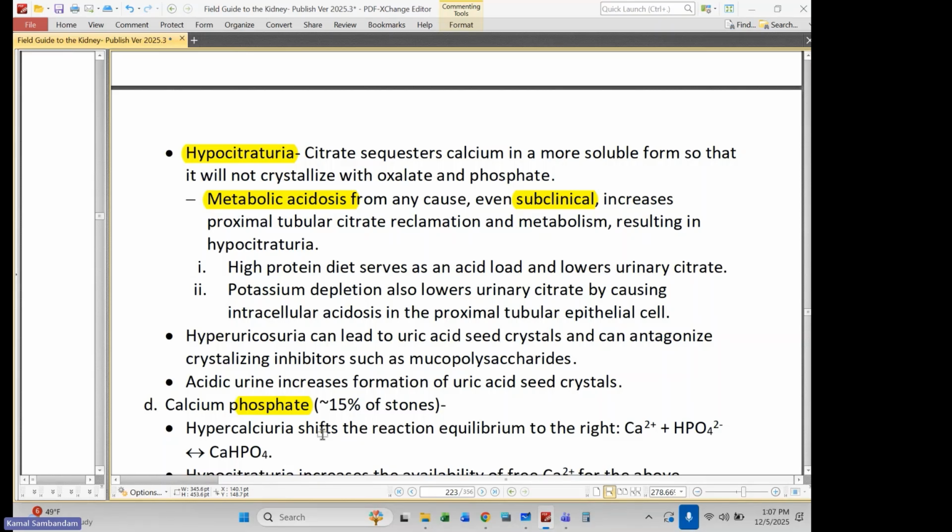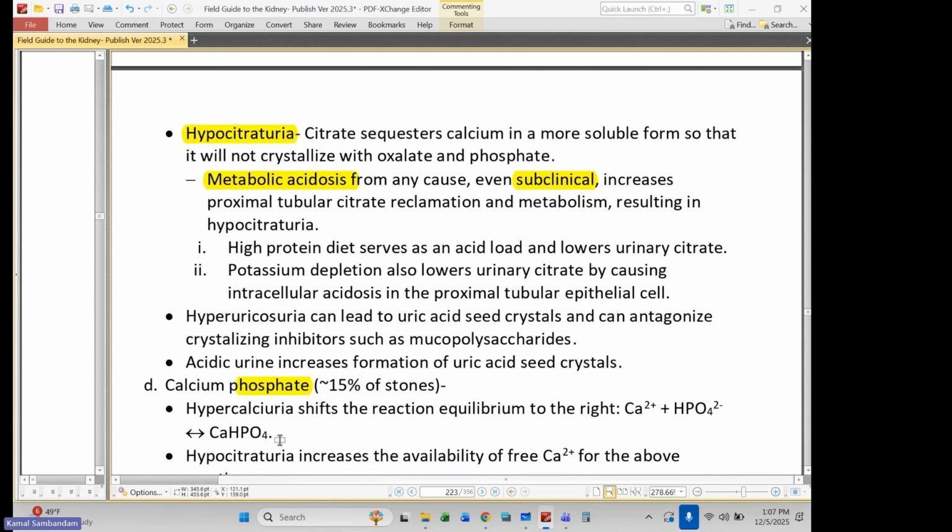By closing a K deficiency, I can try to increase urine citrate without causing more alkaline urine through potassium citrate, right? Alkaline urine is bad when you have a calcium phosphate stone former. So one way I can help increase urinary citrate without alkalinizing the urine is to close the K gap. Okay?